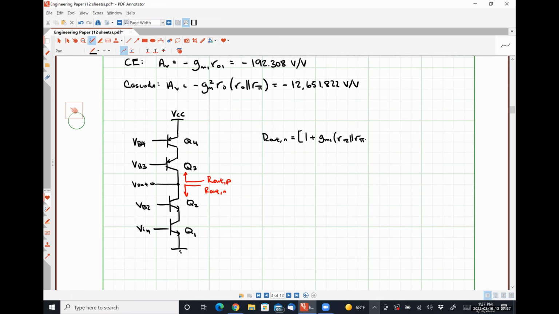Hold on, I think it might be R naught 1 in parallel with R pi 2. My apologies. R naught 1 in parallel with R pi 2. All of this multiplied by R naught 2 plus R naught 1 in parallel with R pi 2.